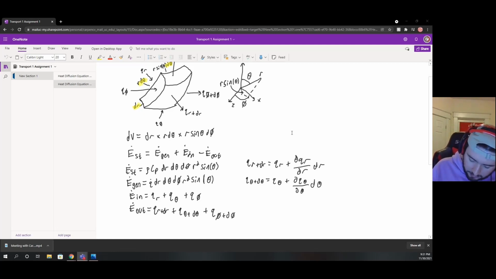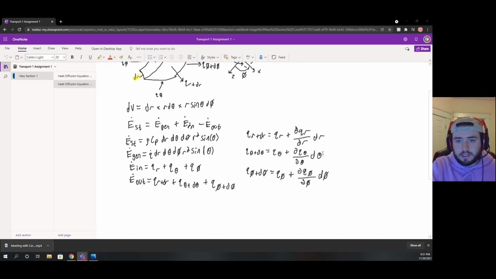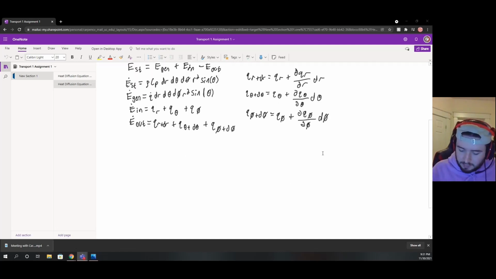Finally, we have our phi values equal heat flow in the phi direction plus the partial derivative of the heat flow in the phi direction over the partial derivative of phi times d phi. And that's our terms for the heat going out. Let me just label that.